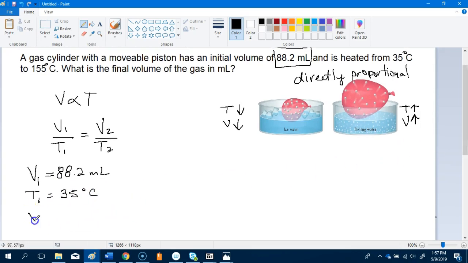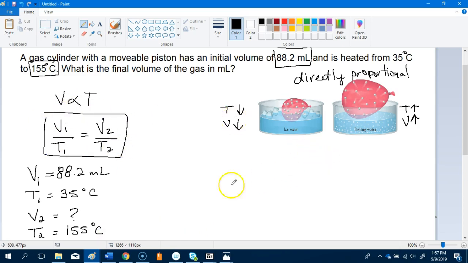And then our final volume is what we're trying to find, but our final temperature, we do know, is equal to 155 degrees Celsius.